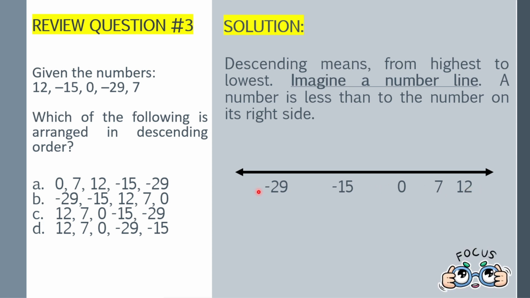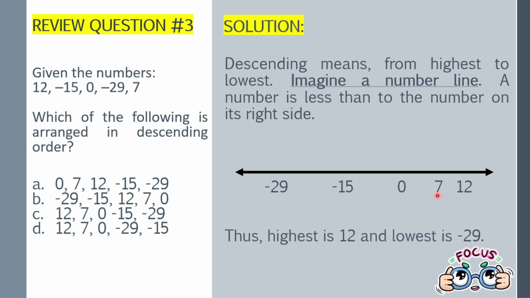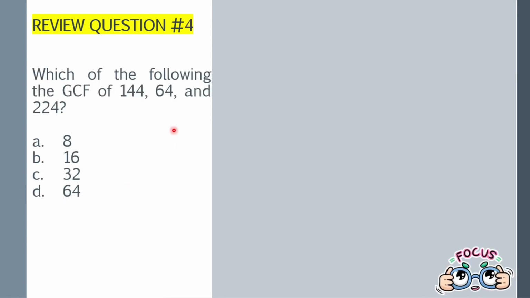And on the left of 0, we have negative 1, negative 2, negative 3, negative 4, and so on up to negative 29. So, the highest here is 12, while the lowest number is negative 29. If you take a look at our given, the answer will be letter C, from highest to lowest.